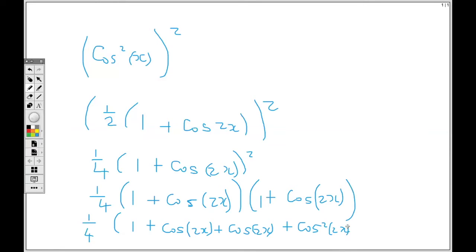Now we can simplify this further because in the center, we have cos 2x plus cos 2x, they can be added. So adding cos 2x plus cos 2x, it will give us 2 cos 2x.